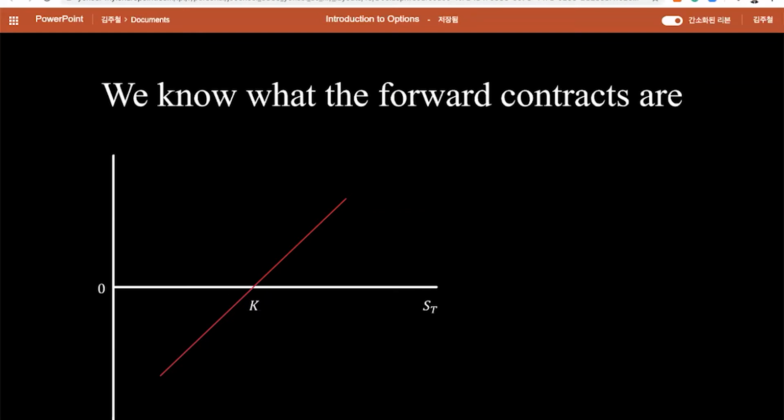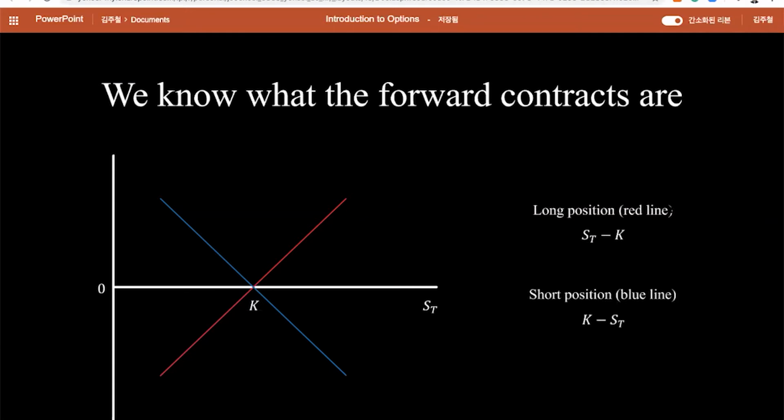But on the right-hand side, if you are in the long position, you will get some money. And if you are on the left-hand side, you will lose some money. And this blue line represents the payoff of the short position of a forward contract. And we write it in this way.